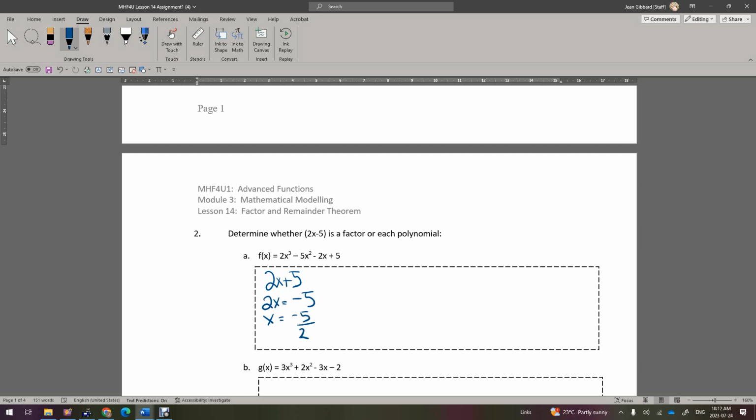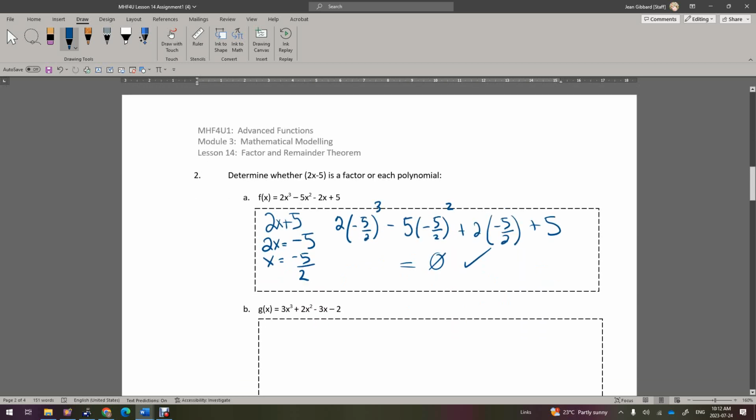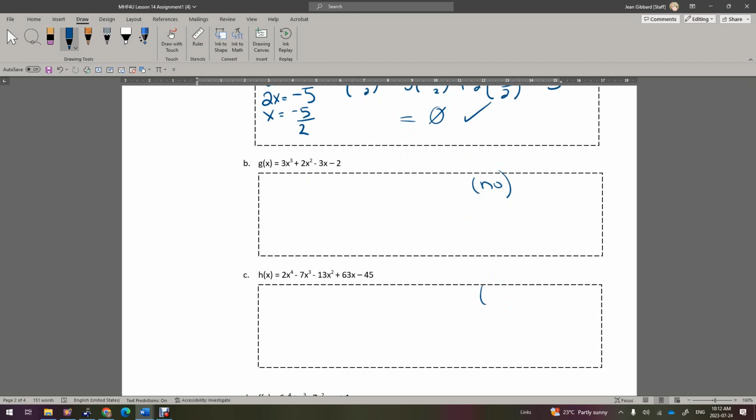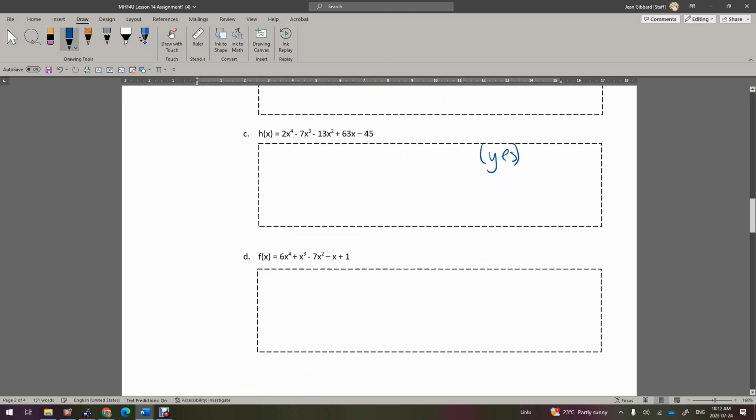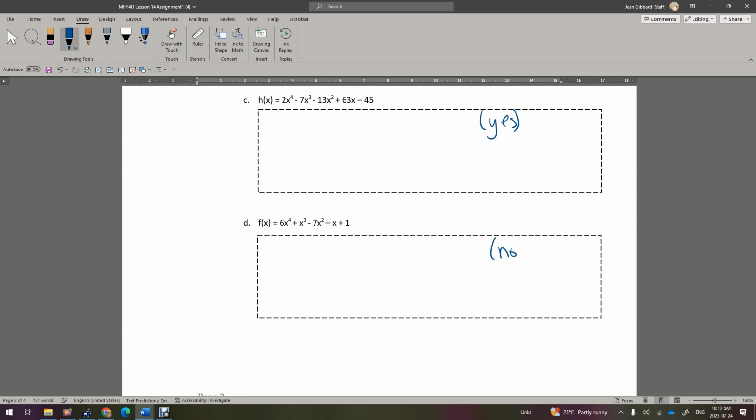So the value we're going to test is negative 5 over 2 cubed minus 5 times negative 5 over 2 squared plus 2 times negative 5 over 2 plus 5. And if it's equal to 0, which I know it is, it's a factor. Give you a hint. This is not a factor. This is a factor. And this is not a factor.